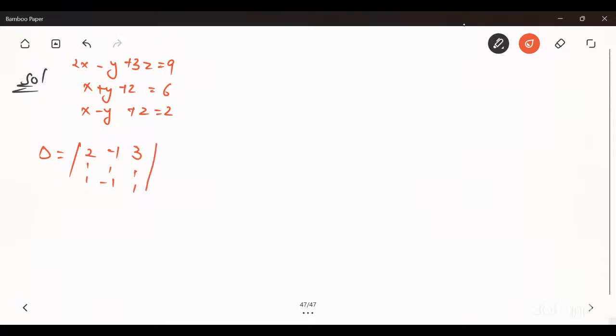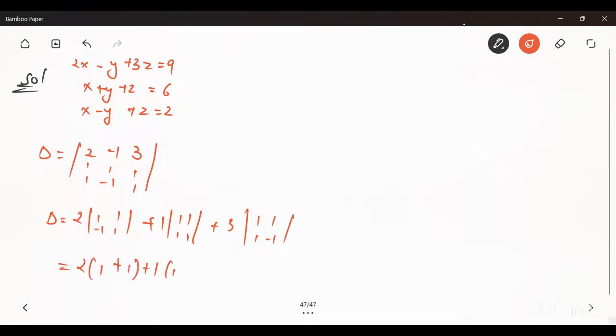So delta will be 2 times (1 into 1 minus 1 into 1) plus 1 times (1 into 1 minus 1 into 1) plus 3 times (1 into 1 minus 1 into 1)... So 2 into 1 plus 1 will become 4, plus 0, minus 3 minus 2 will become minus 6. So you will get minus 2 as the value of delta.